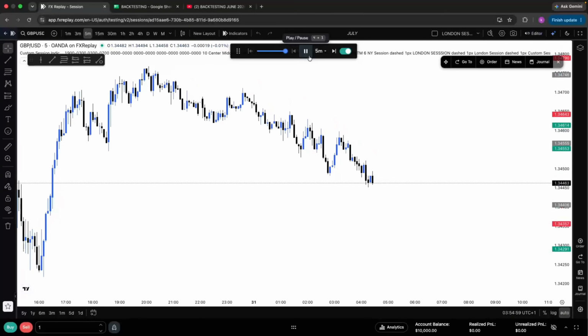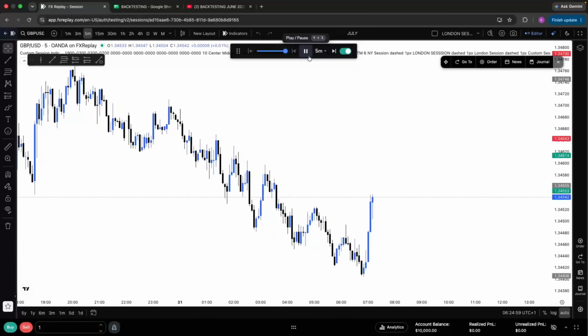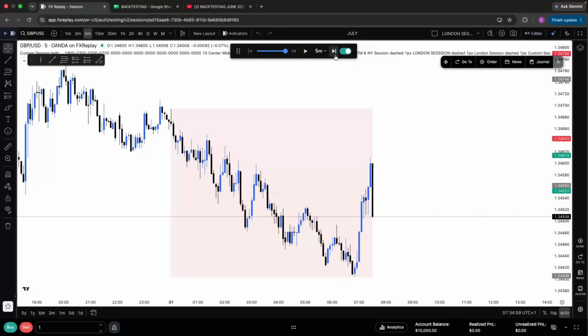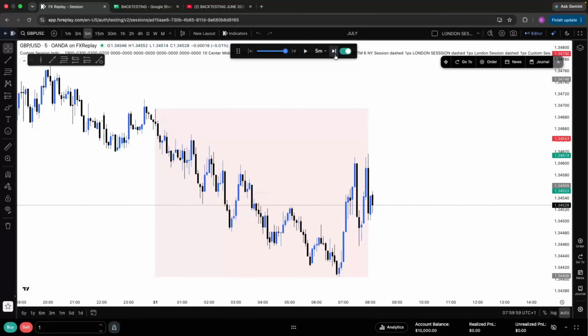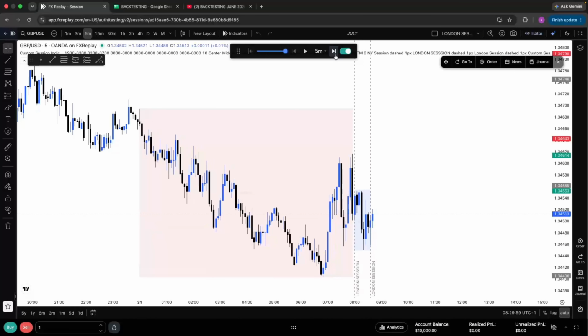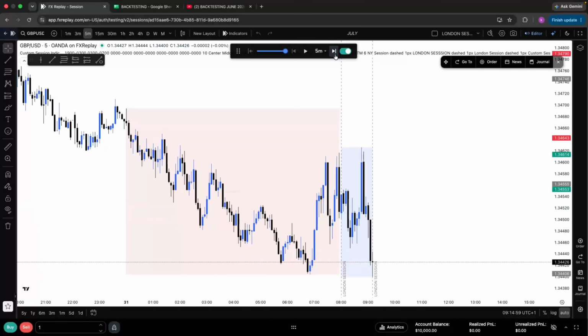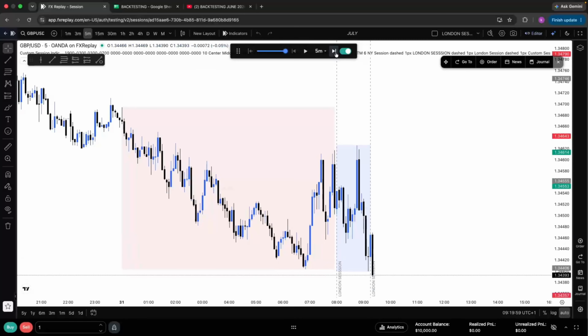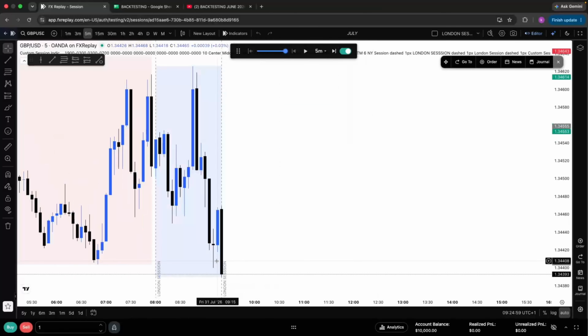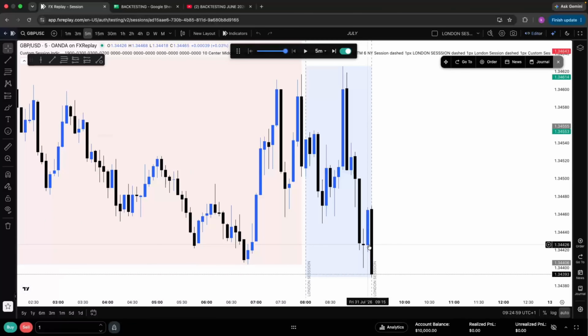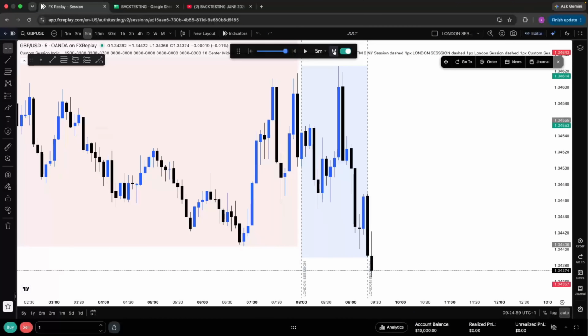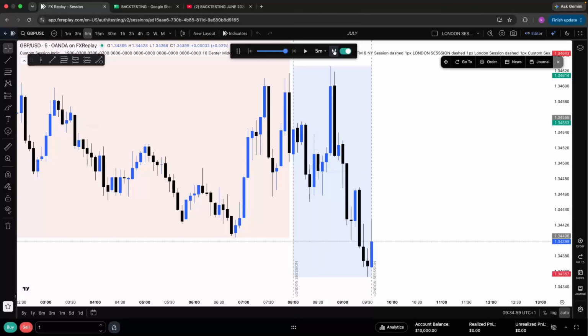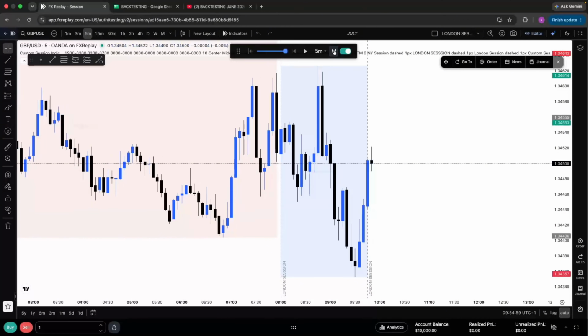Last day of July 31st. No break to the downside. Break to the downside now. So bullish candle, bearish candle, but the bullish candle doesn't matter because it's only about the bearish candle. So let's see what the bearish candle, two bearish candles, three, two bullish candles.